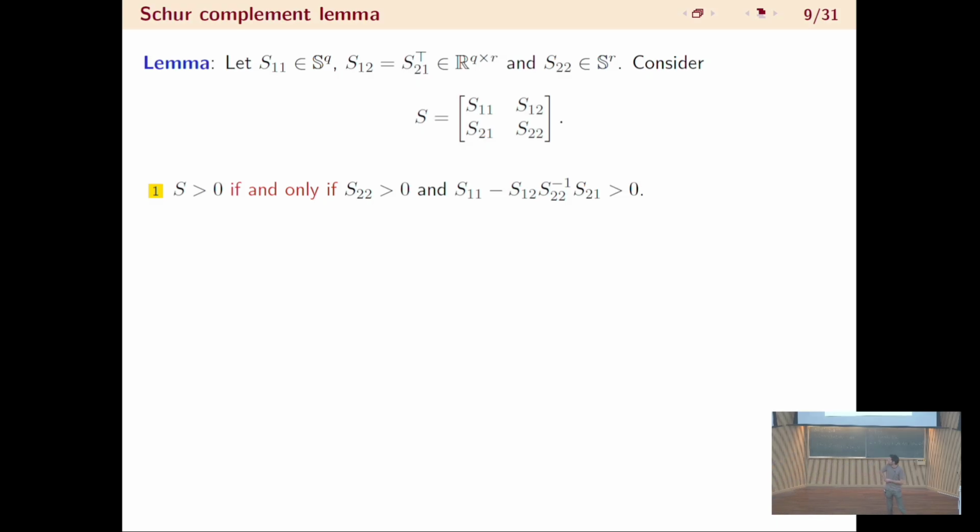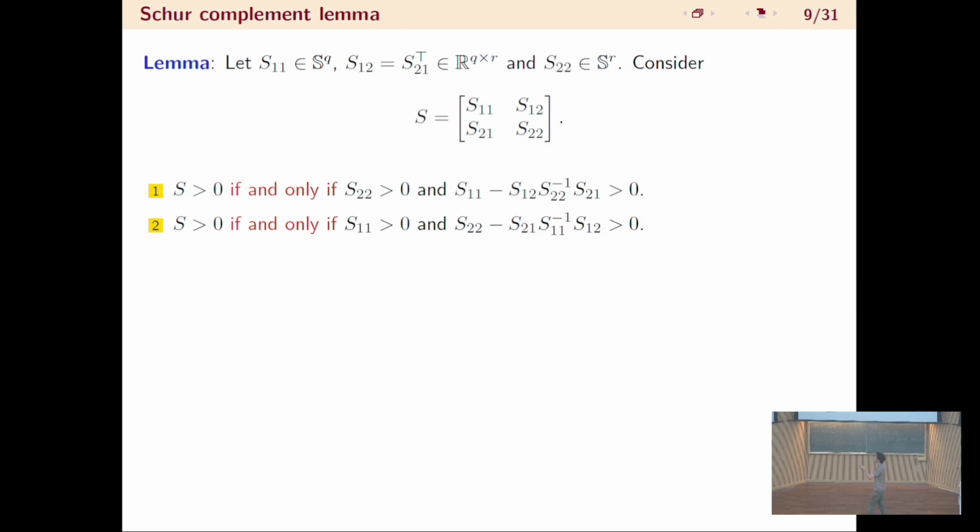Yeah, well, once you know one Schur complement, you can also do another one. So instead of taking the Schur complement with respect to the S22 block, I could also do the one with respect to the S11 block. So I could go in this way. I compute S22 minus S21 S11 inverse S12, so the matrix over here.